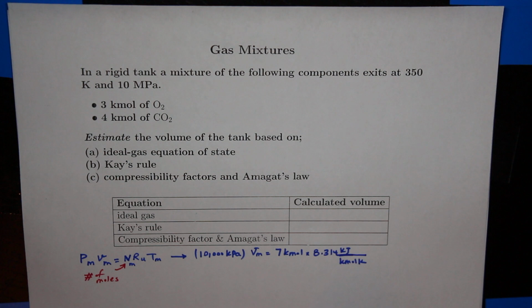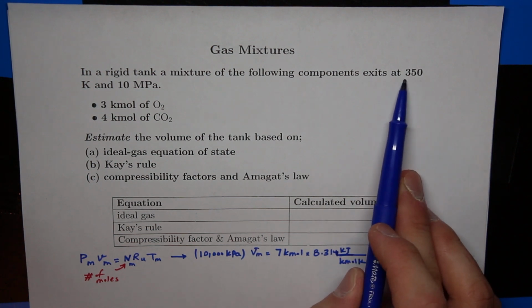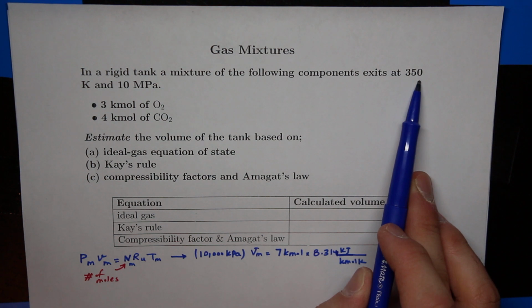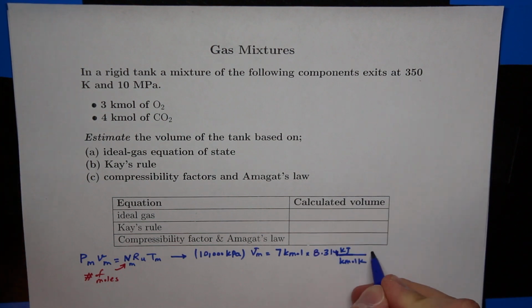I mentioned previously that this number comes from table A1 of your textbook. And finally, Tm is the mixture temperature, which the problem statement also gives me: 350 Kelvin.